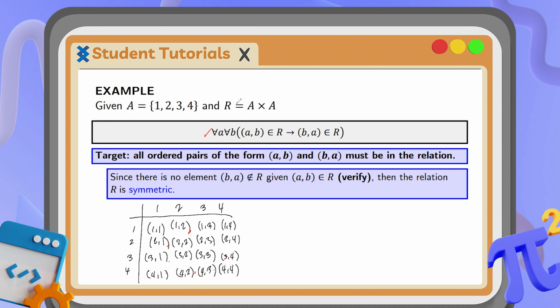Because you can find all elements AB in the relation and there are no elements BA which are not in the relation. So therefore this one is symmetric.